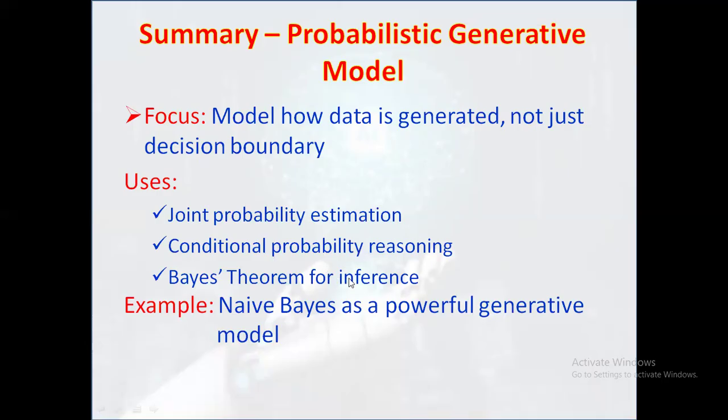By relying on Bayes theorem, generative models like naive Bayes enable inference by converting likelihoods and priors into posteriors, offering a clear probabilistic interpretation of predictions. And for example, naive Bayes exemplifies a generative model that is easy to implement and interpret, yet surprisingly effective in many real world applications, making it a popular teaching and practical tool in AI and machine learning.